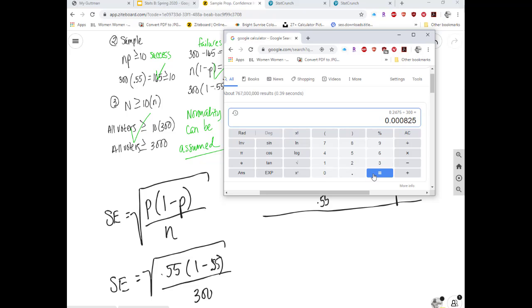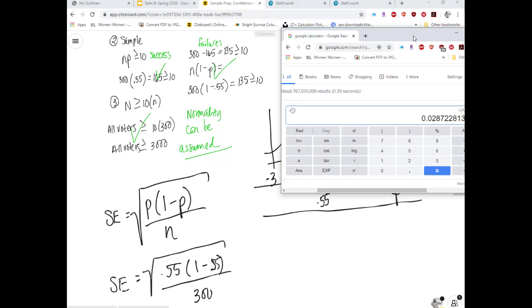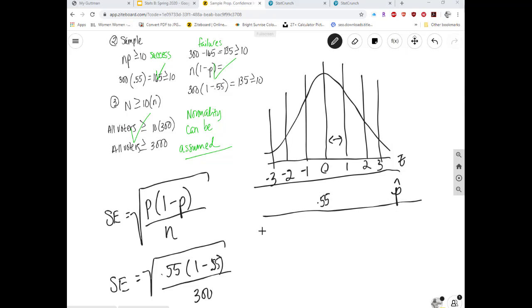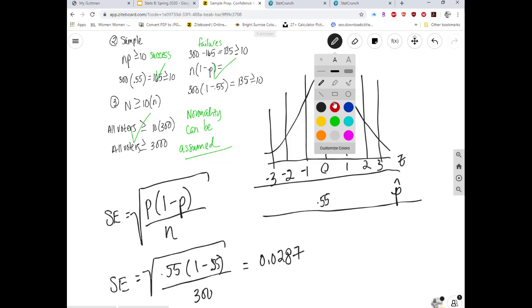Now I have everything underneath the radical, and I can take the square root of that number and find that my standard error is 0.0287. Just to round it, I'll say it's 0.03, and I'll mark that off. Here is my standard error. I'll put it in red.